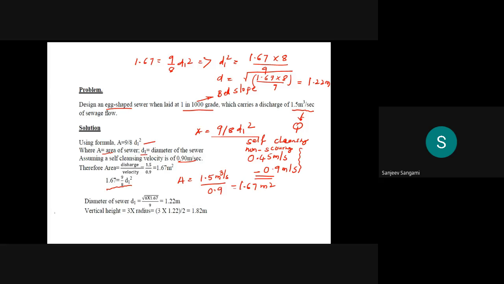Then the vertical height can be considered by using this formula. The vertical height of the egg-shaped receivers can be calculated as 3 times the radius.